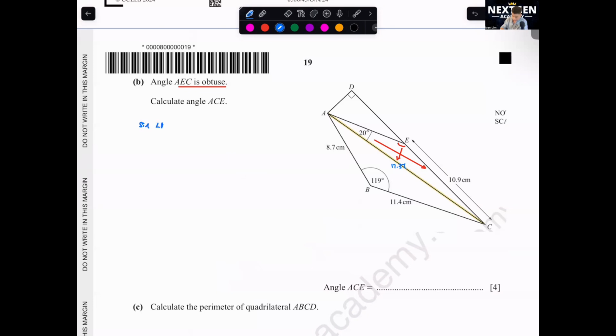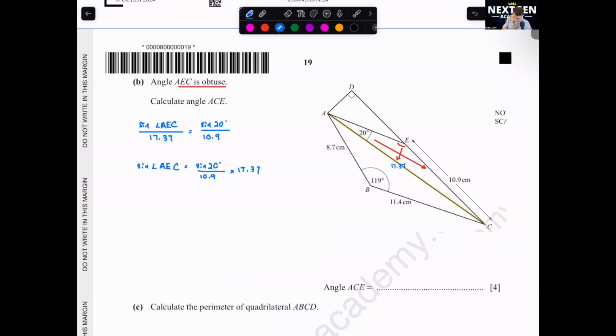Sine angle AEC over 17.37 equals sine 20 degrees over 10.9. We're going to bring AEC here. We bring 10.9 times 17.37 first, and then we inverse.